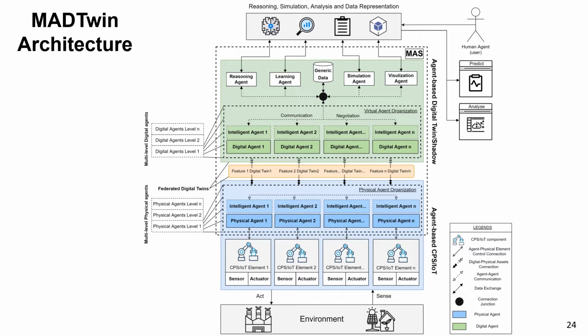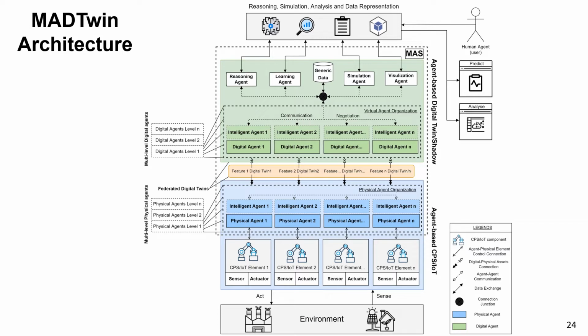So a digital agent is connected to a physical agent and synchronized with each other, and the digital agent receives the updates from the physical agents and communicates with other agents to do other tasks like reasoning or learning or simulation or visualization, or even to store the data in the repository.